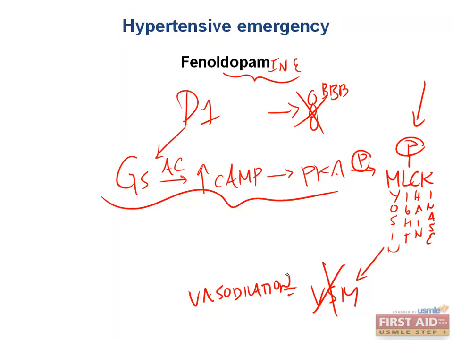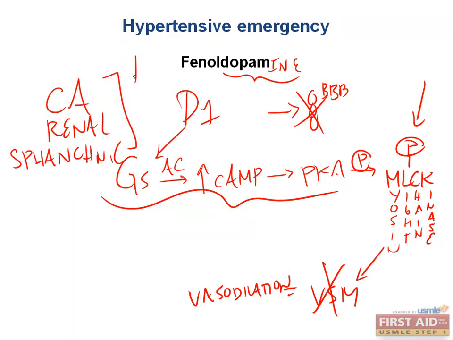And by system-wide, I mean you better know where these D1 receptors are, and they are in the coronary arteries, the renal arteries, and the splanchnic vascular beds. So this combination causes a humongous drop in blood pressure because all of these vascular beds will vasodilate.